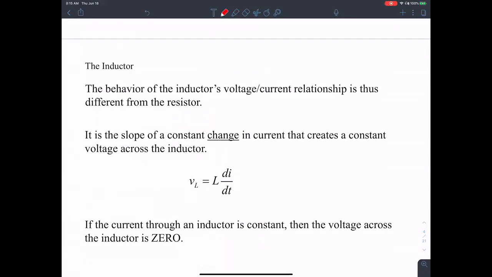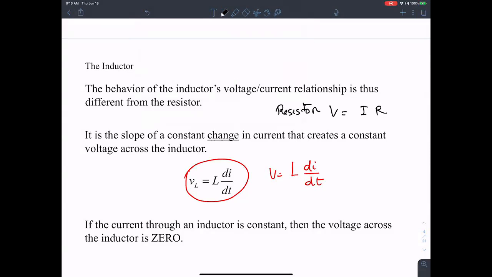Compare this idea, V is L di by dt, with the idea of V is I times R. There are still some similarities that we can see in the resistance.